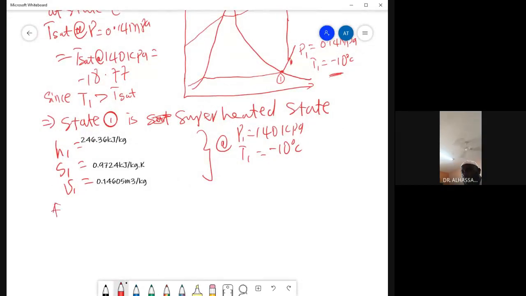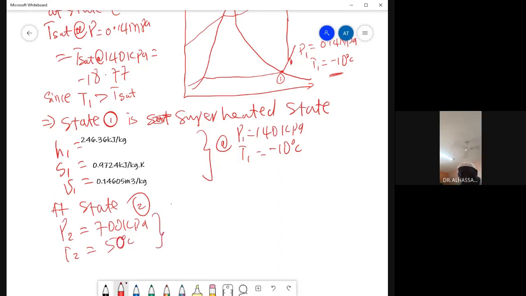So at state 2, P2 equals 0.7 megapascal, which gives us 700 kilopascal, and T2 equals 50 degrees Celsius.